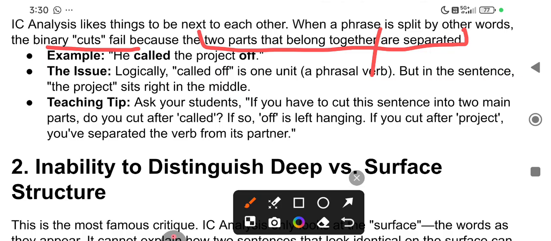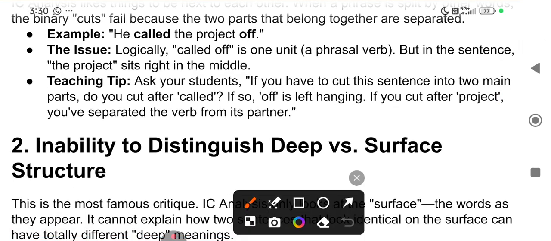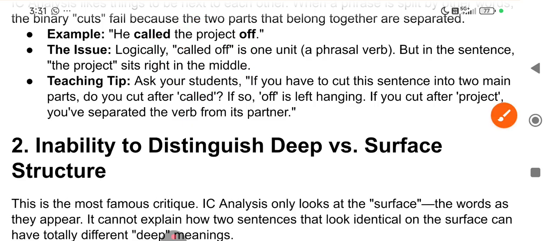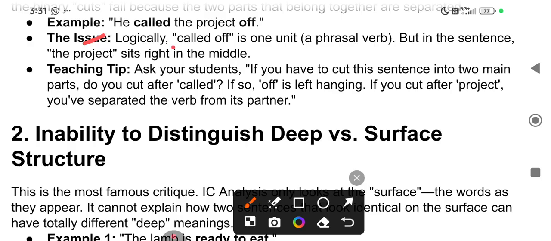बीच में कोई दूसरा शब्द आ जाता है. कैसे? The sentence is "He called the project off." Called off, right? So he called off. He called the project off. Now "the project" has come in between "call" and "off." So how to analyze? What is the issue? Logically, "called off" is one unit.